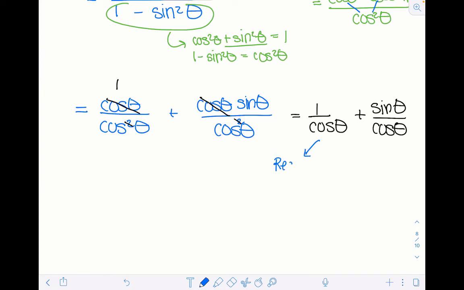So here we would use the reciprocal identity, and that is the same thing as secant of theta plus, and here we would use the quotient identity to say that that's the same thing as tangent.